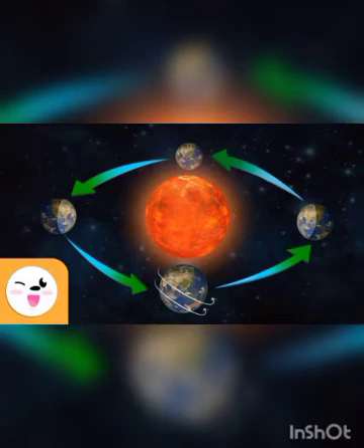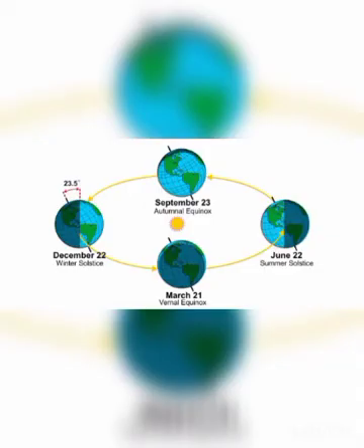That is, the northern hemisphere receives more direct sunlight and has longer days and shorter nights. Okay? Because it gets more direct sunlight, it has longer days and shorter nights. Thus, the northern hemisphere experiences summer.